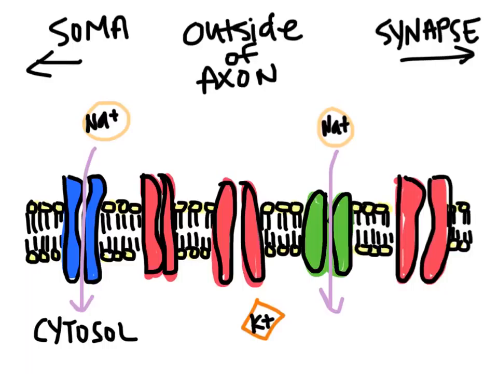Right before the final phase of action potential, which is called undershoot, the potassium channels will open up, allowing potassium to flow out of the axon. This rapid outflow of potassium will bring the membrane potential back towards the falling phase. During the phase of undershoot, the membrane's permeability to potassium is higher than at resting potential.